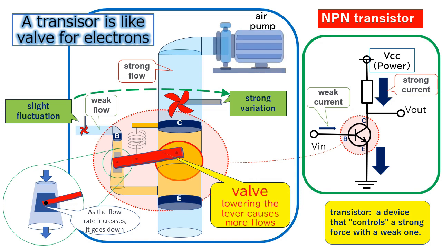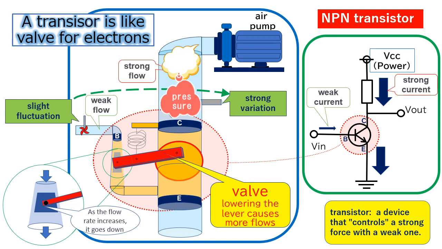One of them connects to an air pump corresponding to a power source. The air pressure by the pump corresponds to the voltage from the battery. So, while the valve in the middle opens, air flows downward.